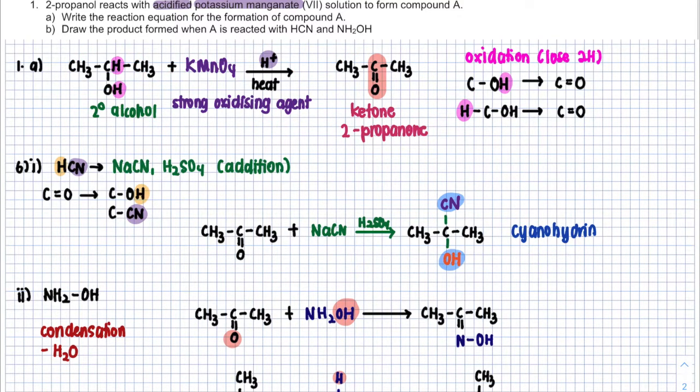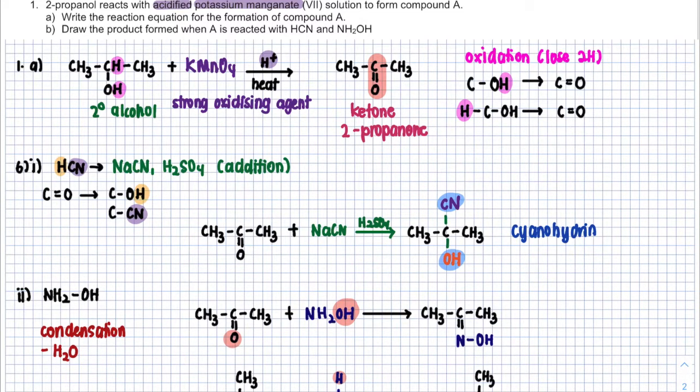Next, draw the product formed when A is reacted with HCN and NH2OH. So this is our A. When the alcohol undergoes oxidation to form a ketone, we will react our ketone with HCN and NH2OH. Even though it mentioned to draw the product only, what I'm going to do here is the equation as well.